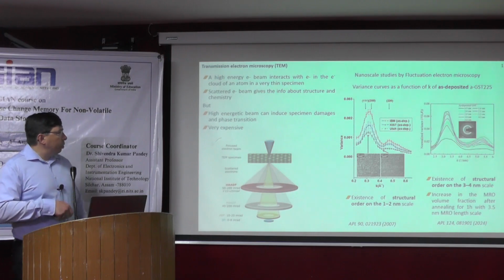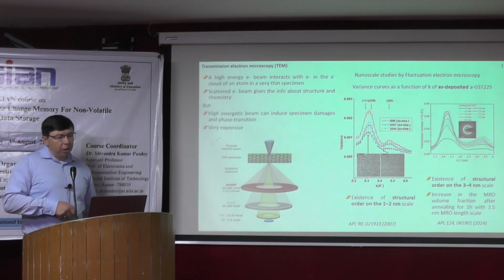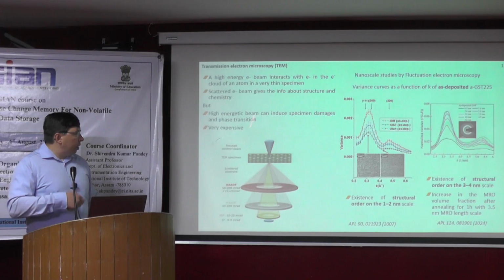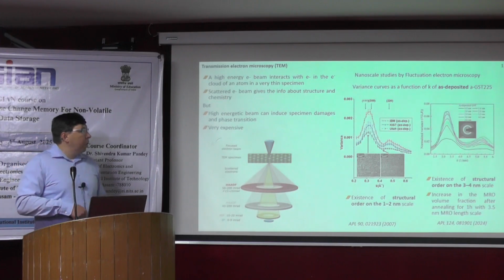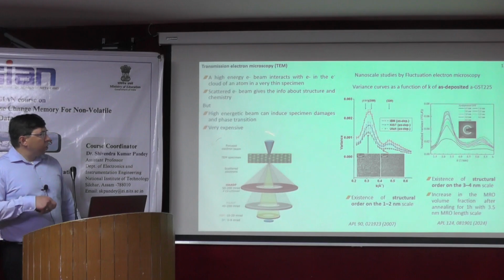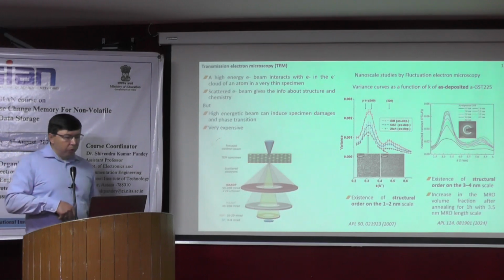In the case of TEM, you can study the structure, local structure, and chemical composition in one setup, but there are different experimental methods for studying the structure of amorphous solids.